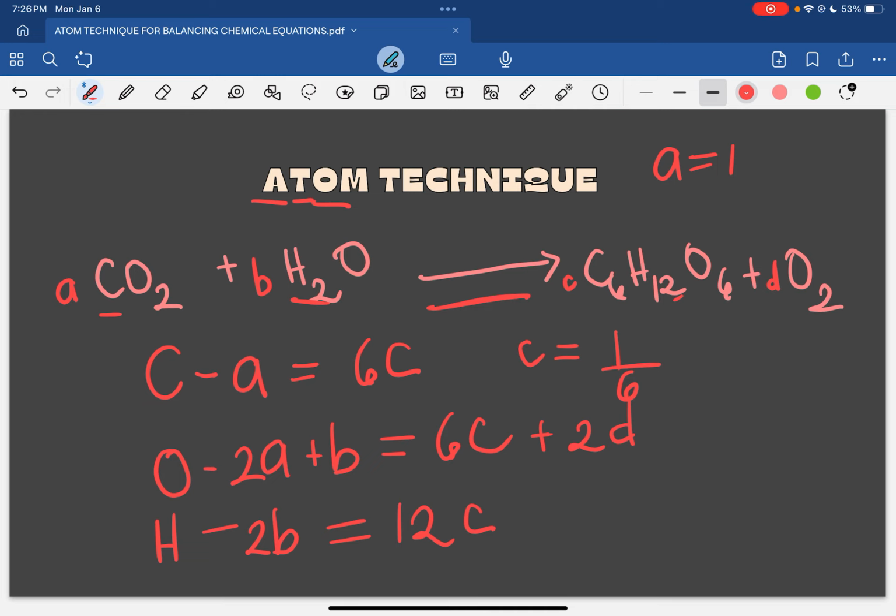Let's try to do this one once again in this letter. We already know the value of C, which is 1/6.